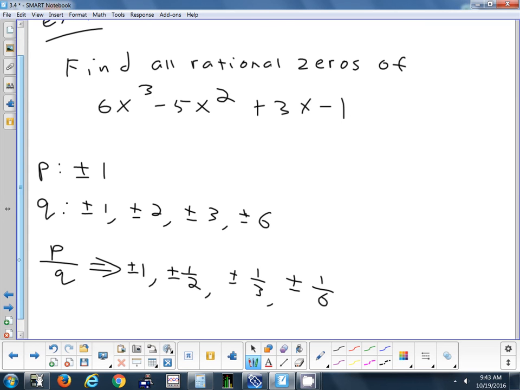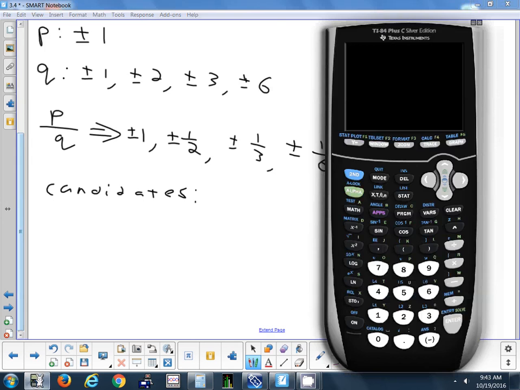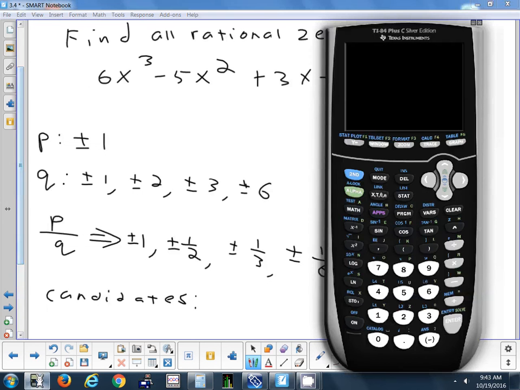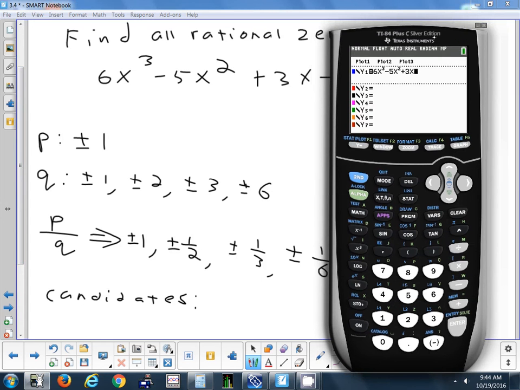Let's graph it and see if we can get a list of candidates. Okay, narrowing down a little bit. Okay, so we've got 6x cubed minus 5x squared plus 3x minus 1.